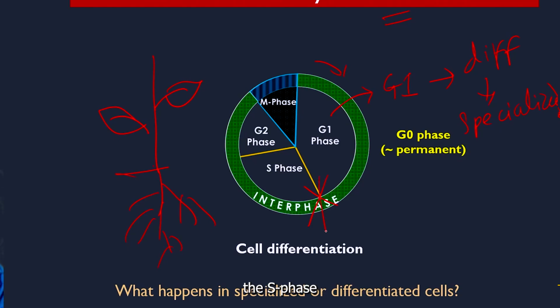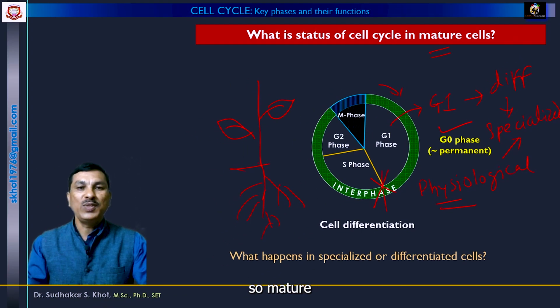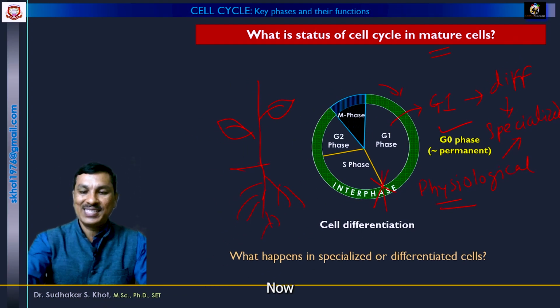So their entry in S phase is restricted and therefore they continuously remain in their specific physiological activity. Such cells which permanently remain in physiological activities and never enter the cell cycle are said to be present in G0 phase. So mature cells are present in G0 phase.